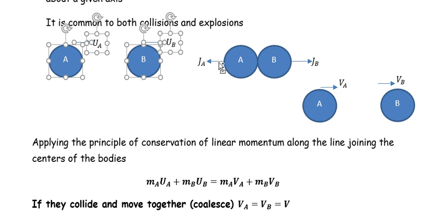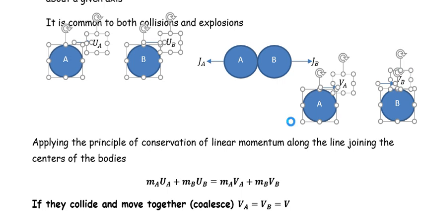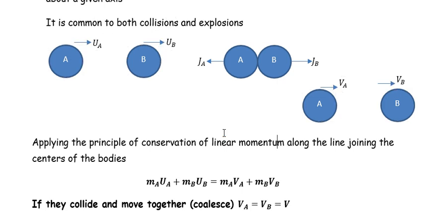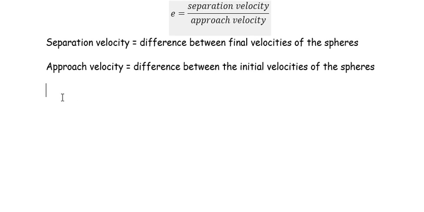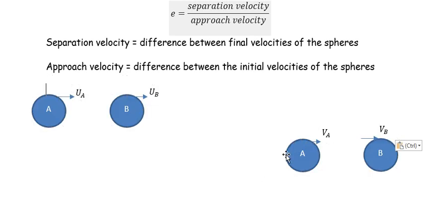So in this case, let me just put before impact and after impact. We see that the spheres had initial velocities of UA and UB, and then they had final velocities of VA and VB. So this is the scenario we are considering.